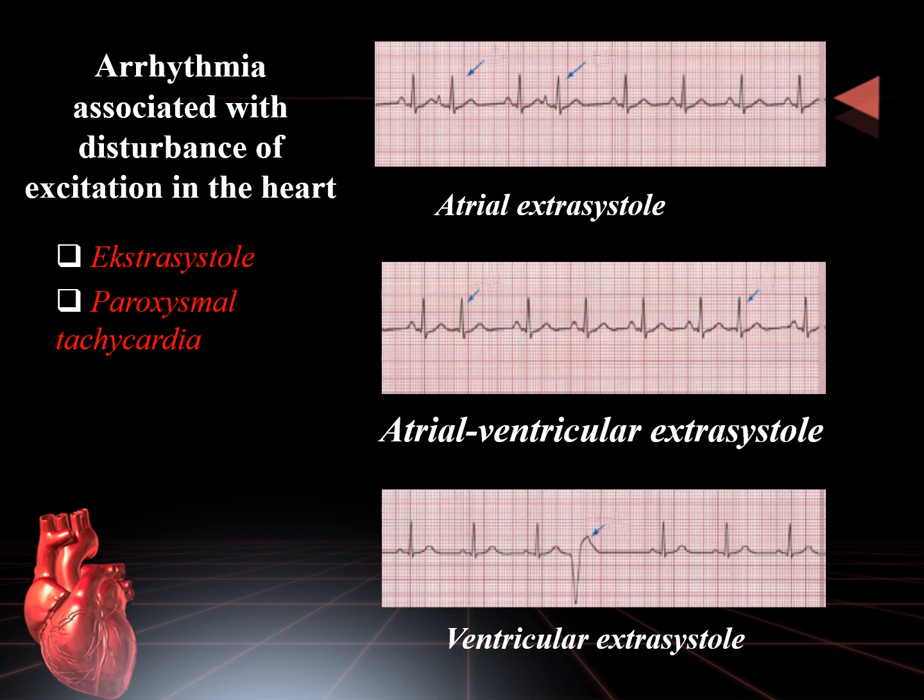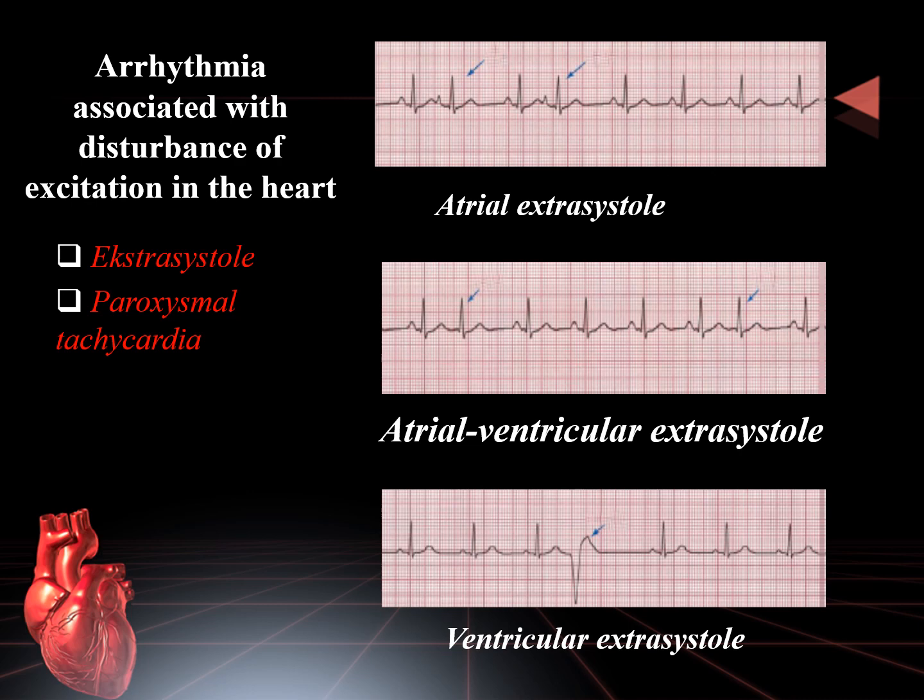According to the localization of the ectopic focus, which causes the extraordinary cardiac contraction, extrasystole may be sinus, atrial, atrioventricular, or ventricular. In atrial extrasystole, an extraordinary impulse occurs in the wall of the atria, and on the ECG, a low voltage P wave arises prematurely.